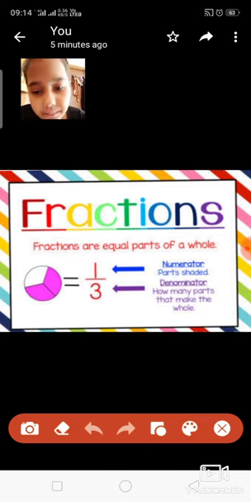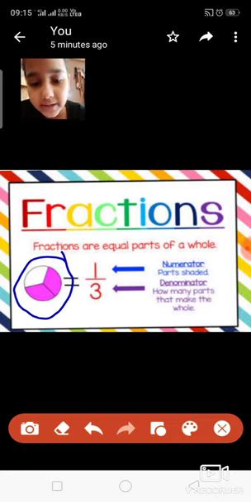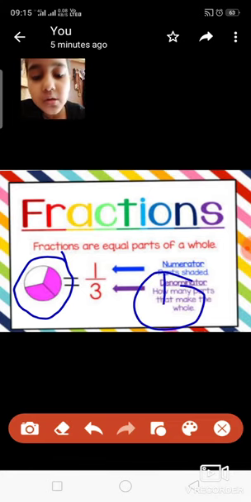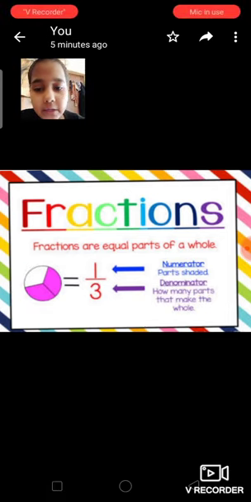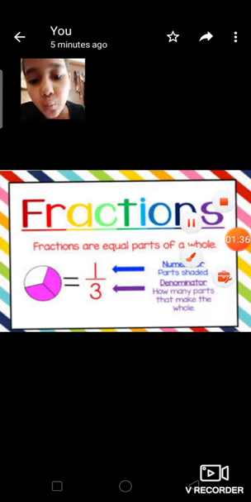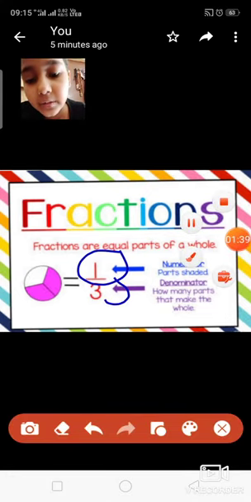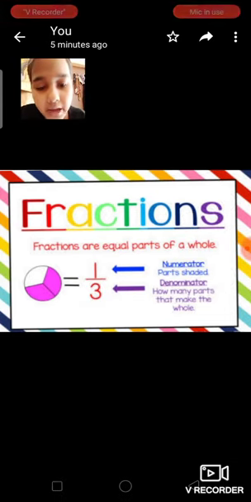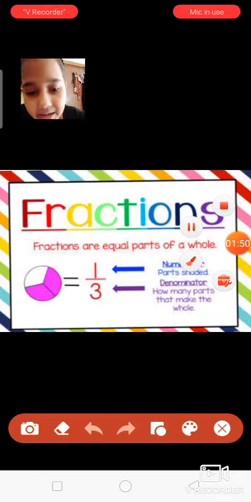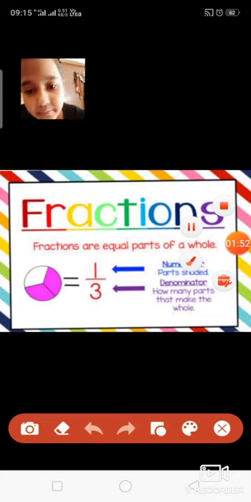Fractions are equal parts of a whole. Means it is an equal part. For example, a pizza is given, so it is the equal part of a pizza. Now 1/3: we say 1 for the upper number, and then for the down number we say 3, so 1/3. The numerator is the parts shaded, and the denominator is how many parts make the whole.